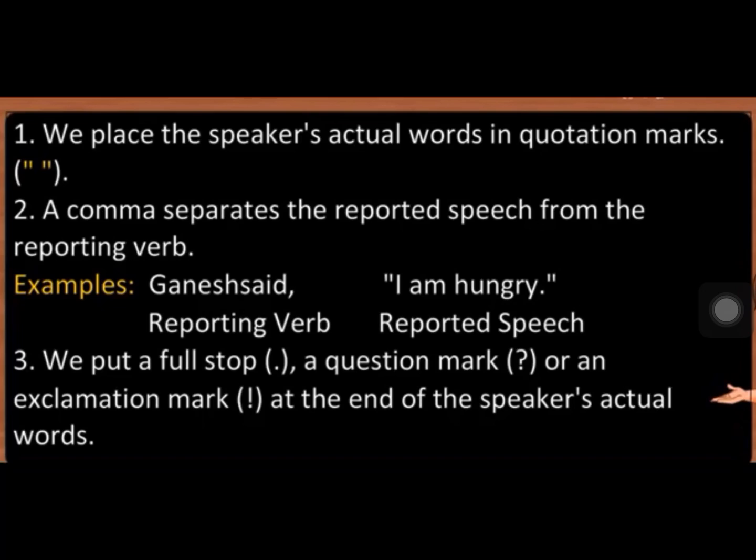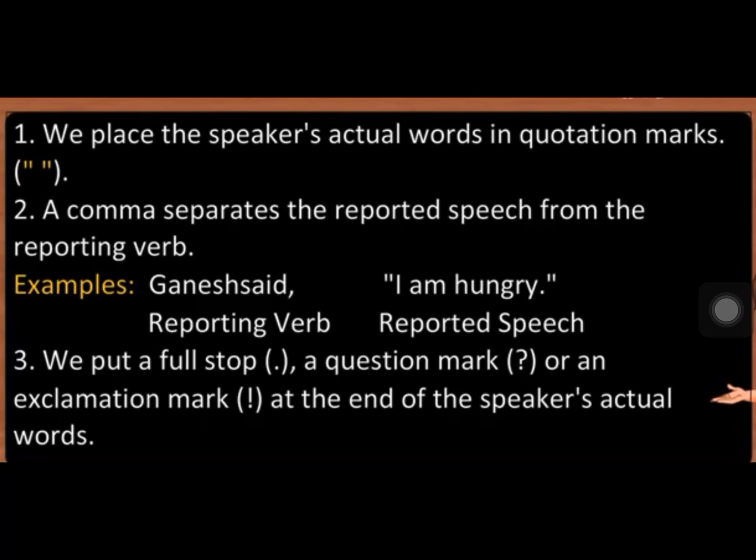We put a full stop, question mark or an exclamation mark at the end of the speaker's actual words. By this, what can you understand? Sentence and kinds of sentences. A group of words which makes complete sense is known as a sentence, and kinds of sentences are assertive or declarative sentence, imperative sentence, interrogative sentence, exclamatory sentence.